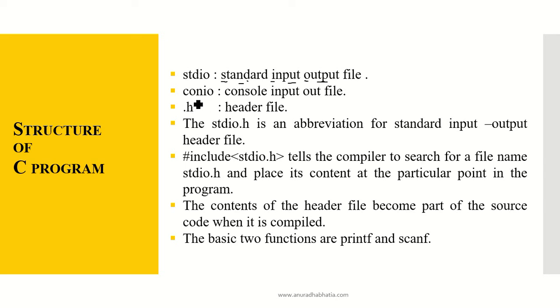There's another header file which can be included, which is conio, which stands for console input output file, and .h represents that it is a header file. stdio.h is an abbreviation for the standard input output header file, and #include <stdio.h> tells the compiler to search for a file named stdio.h and place its content at a particular point in the program where it will be used.